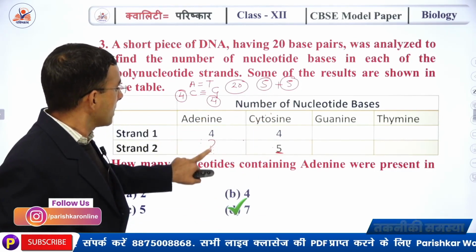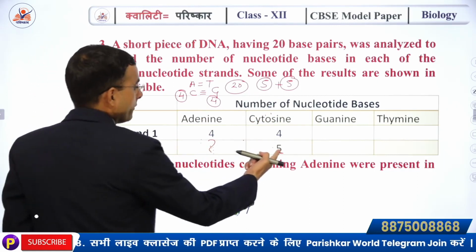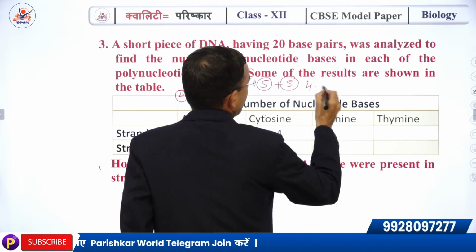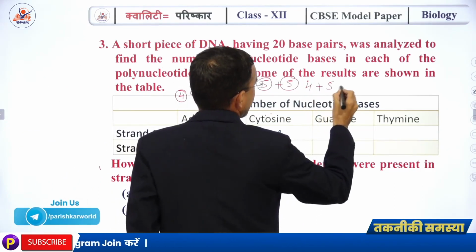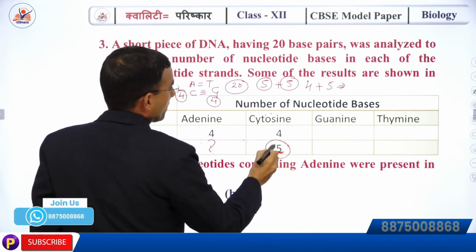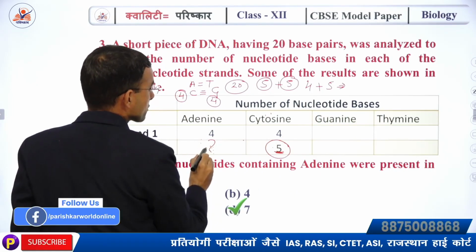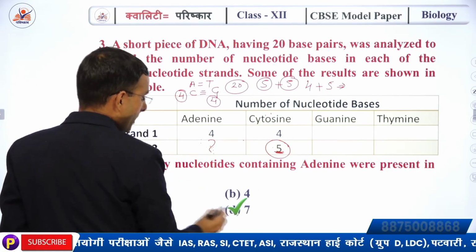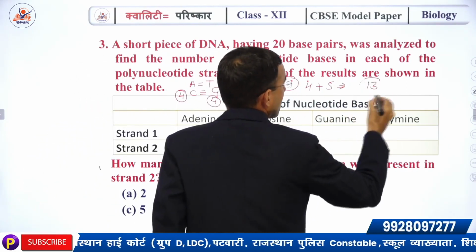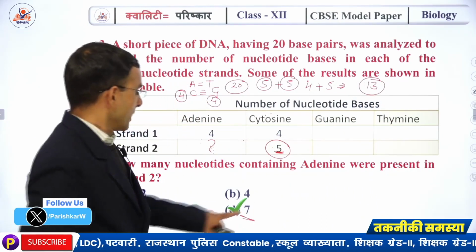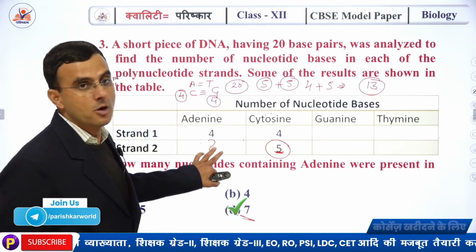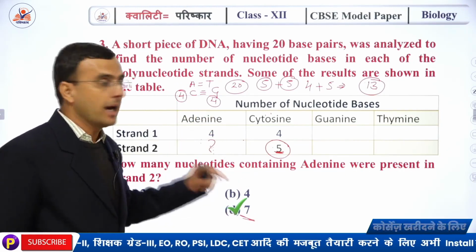So what is the number of adenine? 4 plus 5, that is 5 and 4, and when we calculate with the cytosine, adenine also binds with thymine, and we calculate that this number increases to 13. So the remaining number is 7, and that 7 is of adenine. So the right answer is adenine.